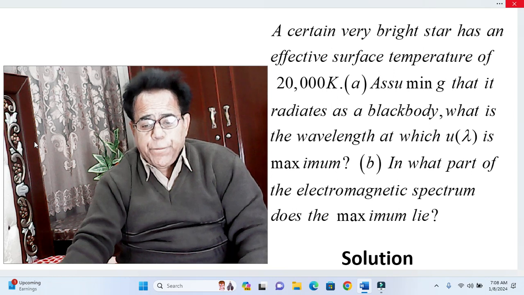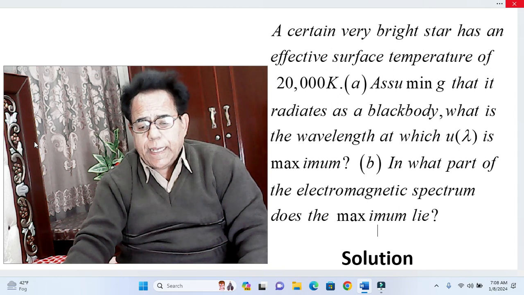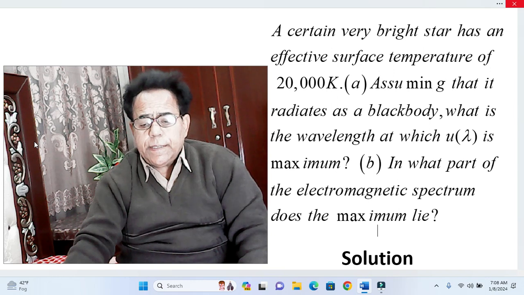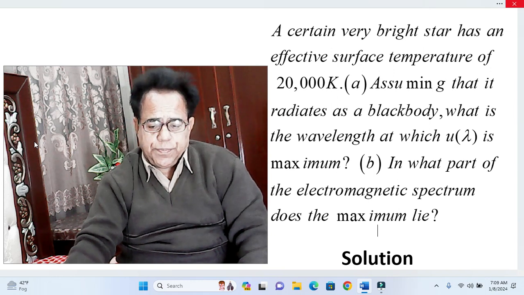A certain very bright star has an effective surface temperature of 20,000 Kelvin.